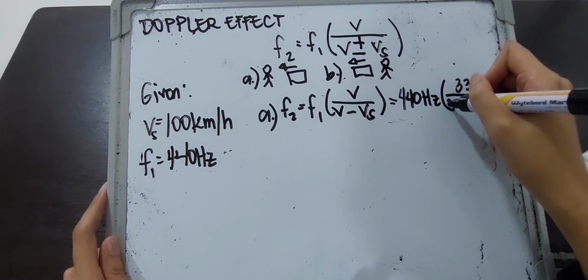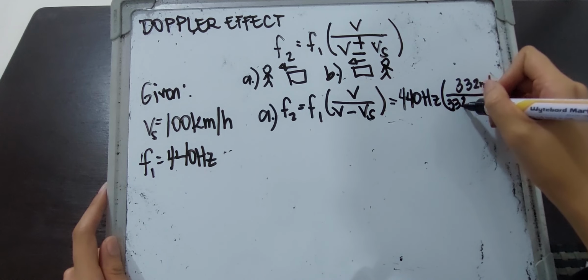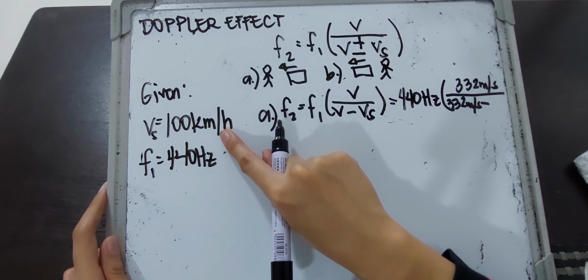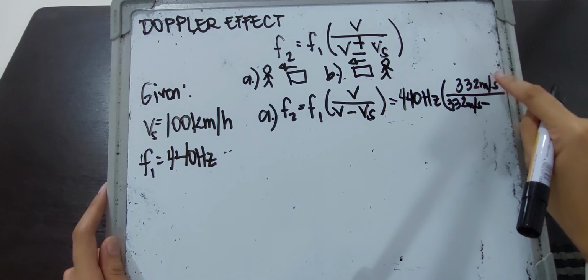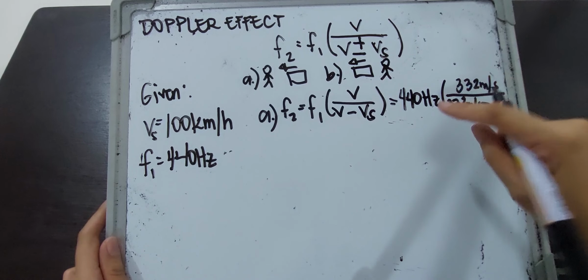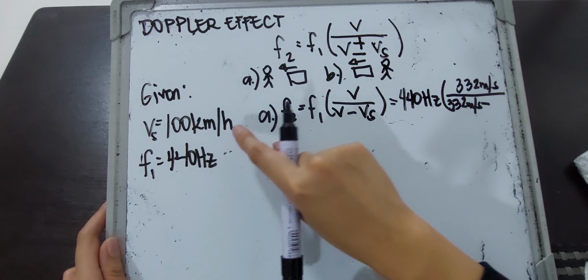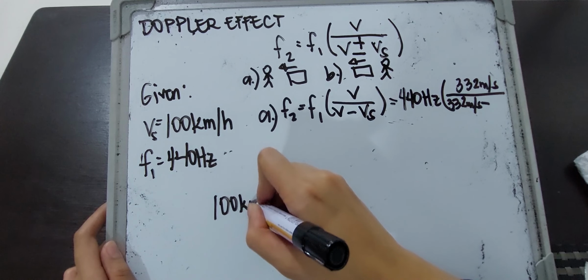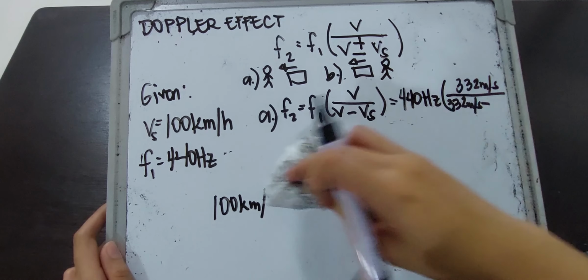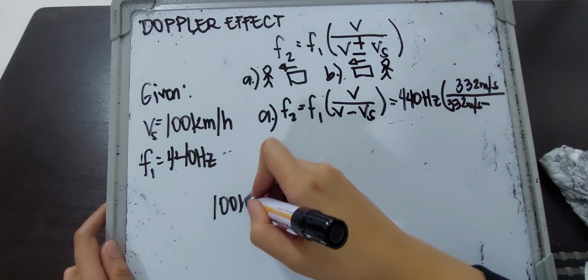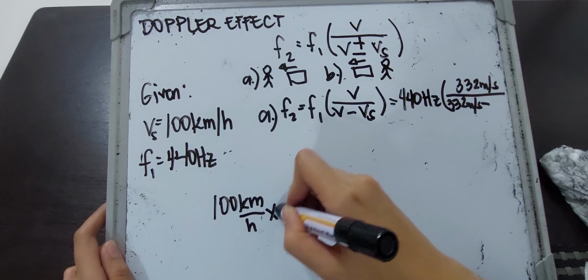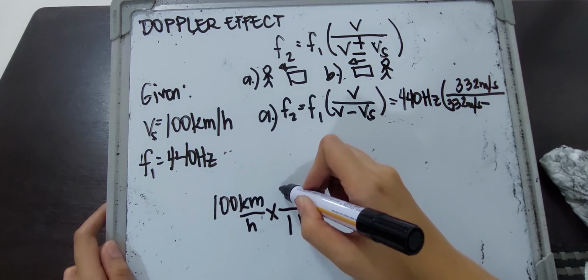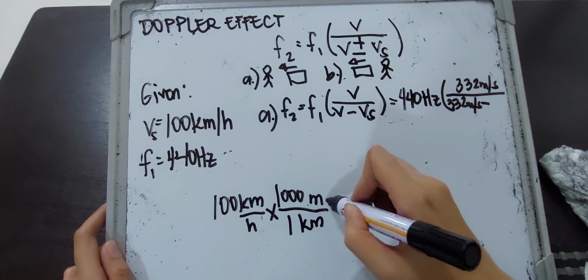Divided by, V ulit, 332 meters per second minus, since ito ay naka-kilometers per hour, pwede nyo namang gamitin itong kilometer per hour. Pero ganito na lang, since car lang naman, we can express that as meters per second. So let us convert 100 kilometers per hour to meters per second. So in 1 km, we have 1,000 meters.